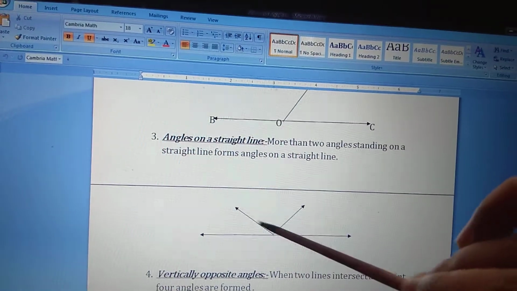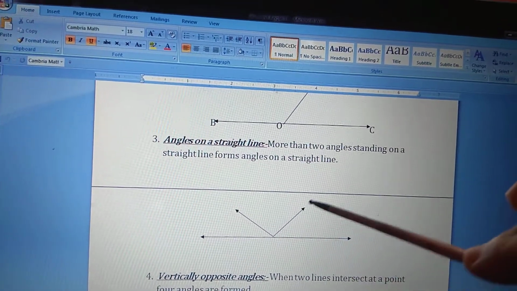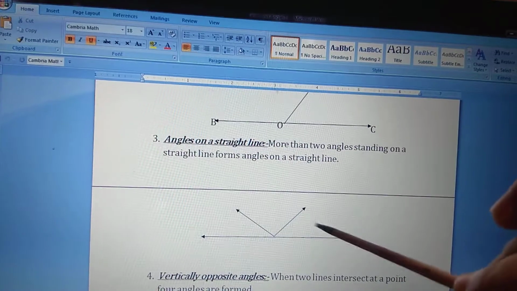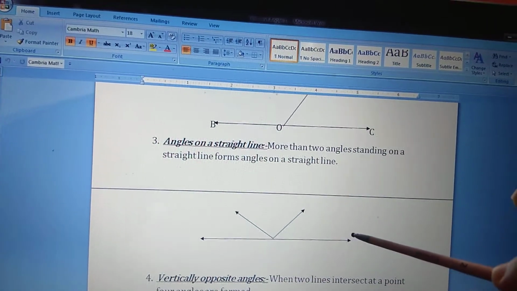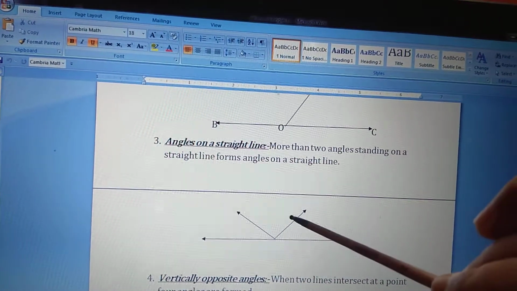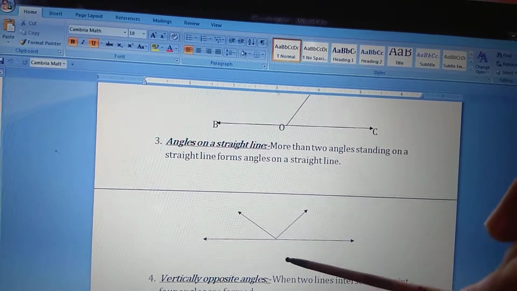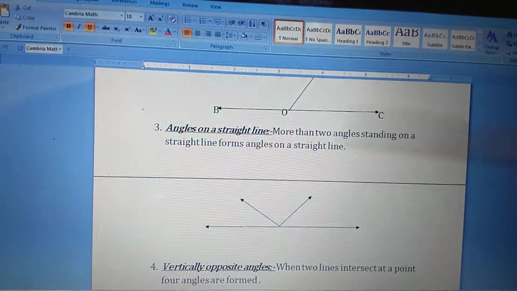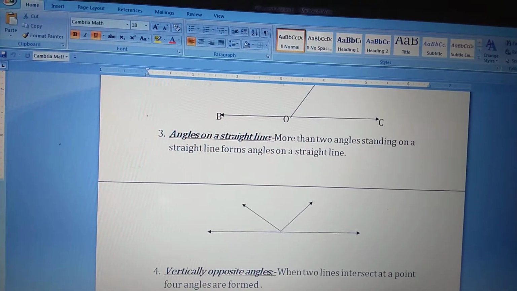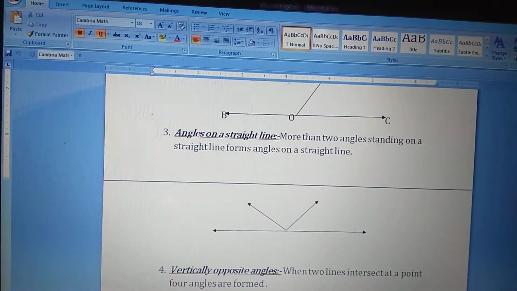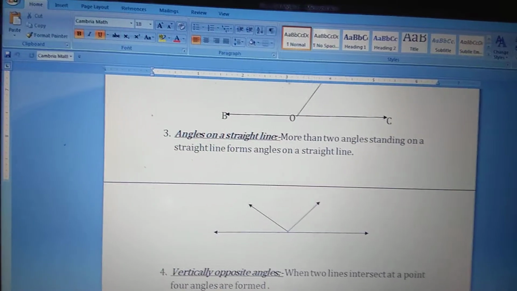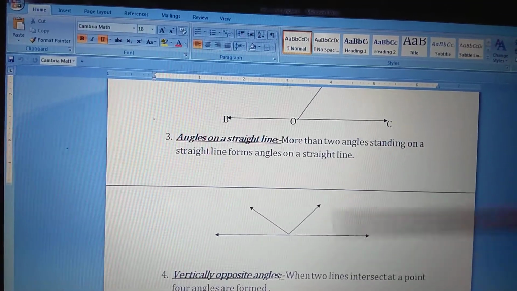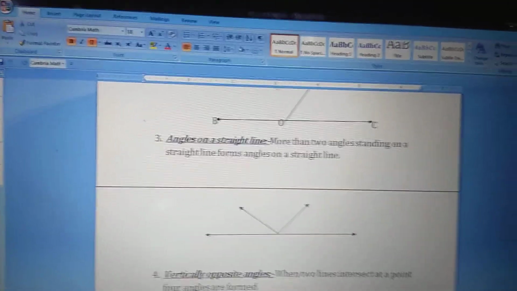Here are 3 angles, this is one, and this is one. These 3 angles are standing on this straight line. So these 3 angles are altogether called angles on a straight line. I am requesting you, when you maintain these definitions in your notebook, please use a ruler and pencil for drawing the geometrical figures.